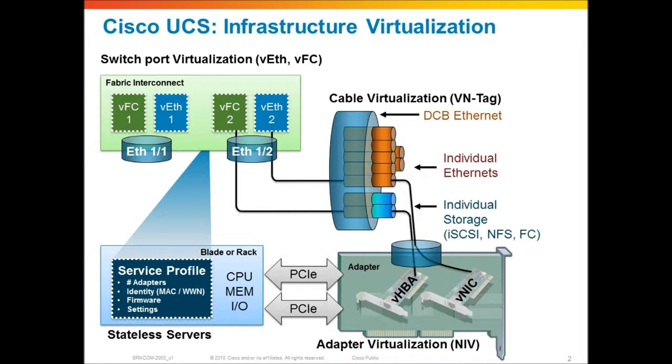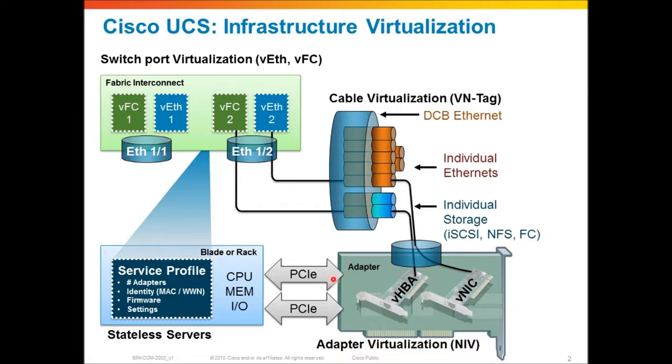So you can have a single physical adapter, and this is adapter virtualization capability. So on the server you have a physical adapter, but that physical adapter is really just again providing physical infrastructure for what are really virtual adapters, multiple virtual adapters. Virtual fiber channel adapters, VHBAs, virtual Ethernet adapters, VNICs. And those virtual adapters connect with those virtual cables through the physical infrastructure to their virtual switch port on the fabric interconnect.